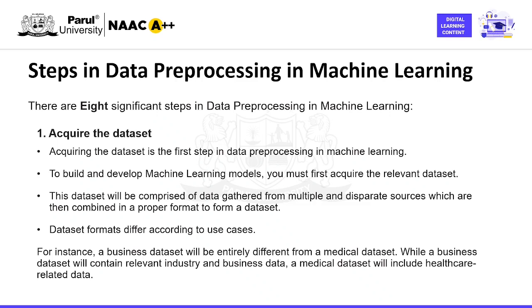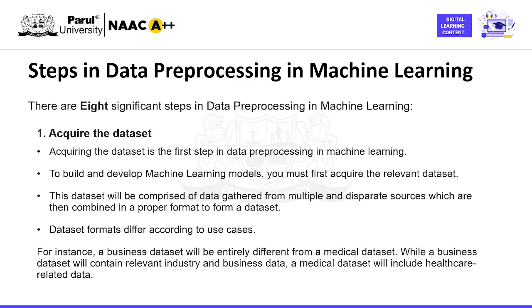Number one is acquire the data set. All of you know very well, whenever we talk about the machine learning model, the data is an important part of the model. And the collection of data is known as a data set. So the first step is to acquire the data set.